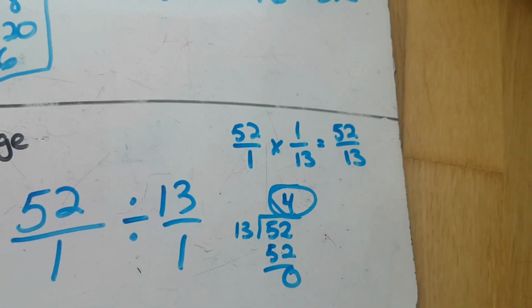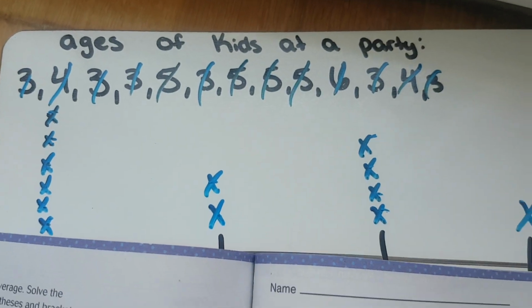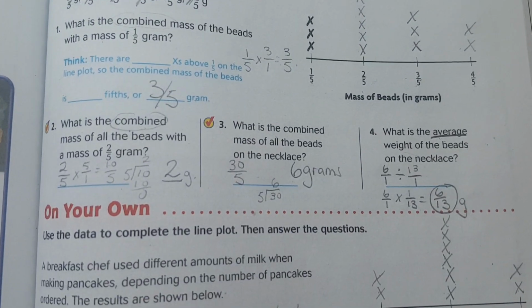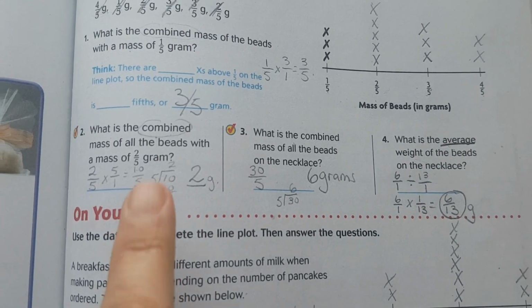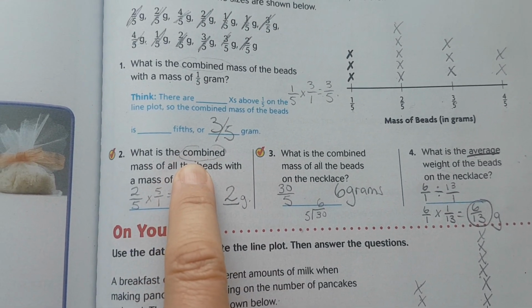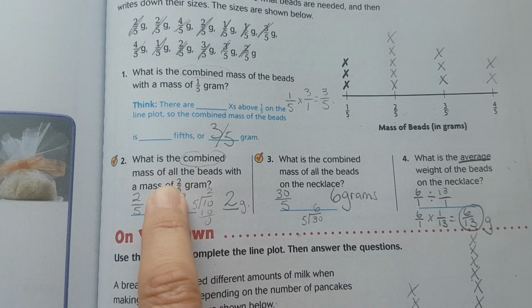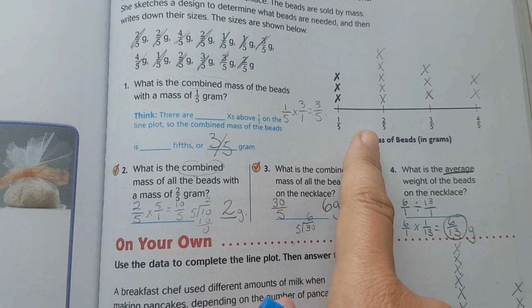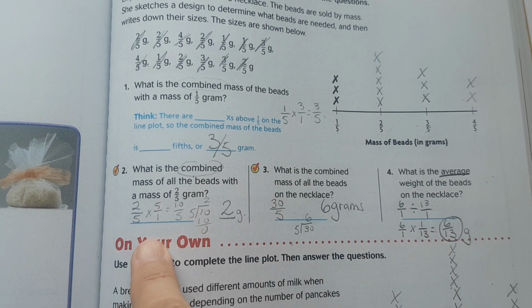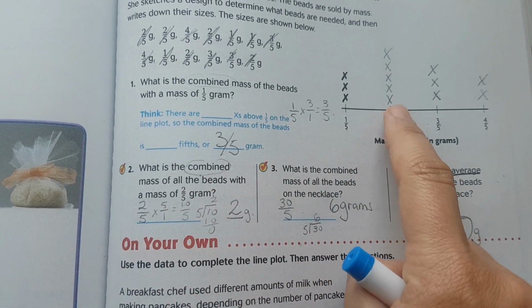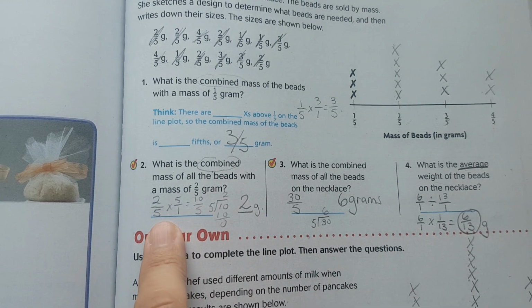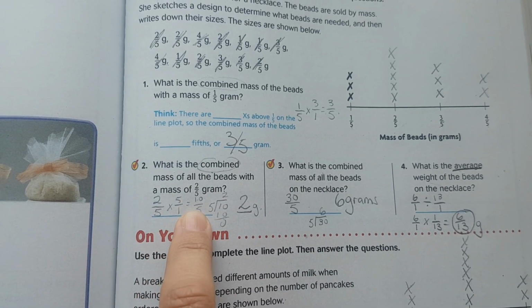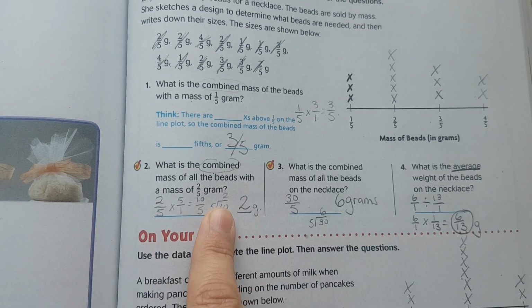This is what we did yesterday when I was showing you the example on here. That's all this is, except I'm showing you in whole numbers, and this is done in fractions. When I did the combined mass of the beads of 2, so I took the 2/5 and I multiplied it by however many x's I have, which is 1, 2, 3, 4, 5. 2/5 times 5 over 1, and I just worked the problem.